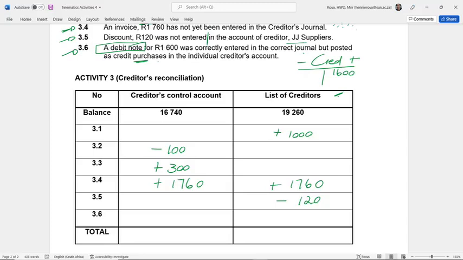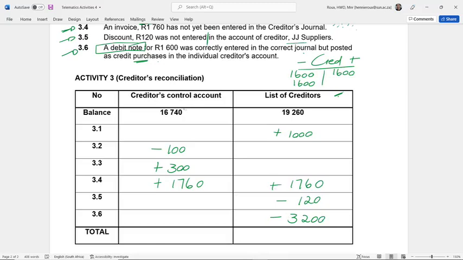It was supposed to be debited. We were supposed to subtract. Therefore, if we just do that once, it means we're just cancelling. So we have to do it twice. Therefore, minus 3,200. And then once again, the magic.